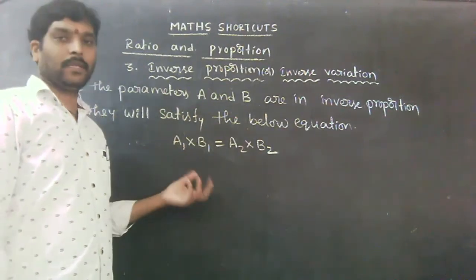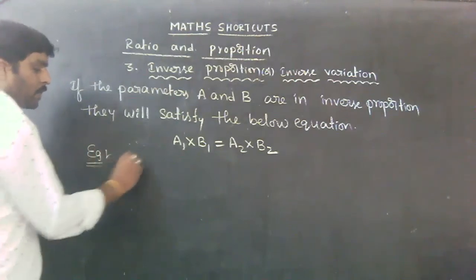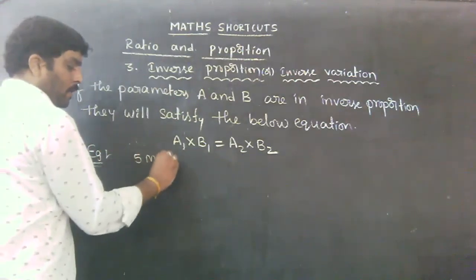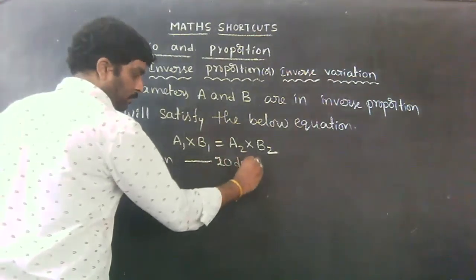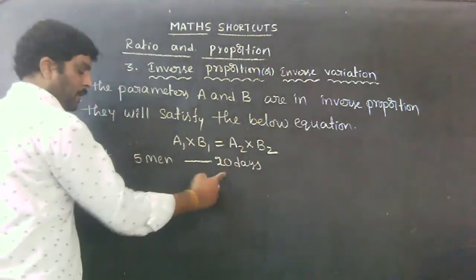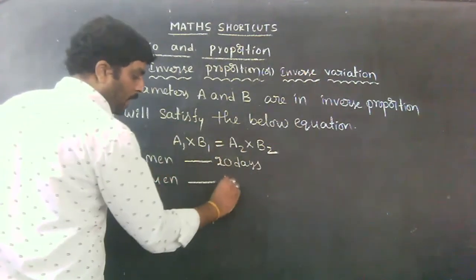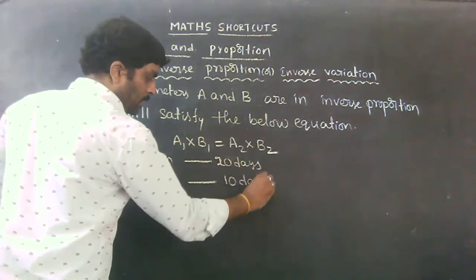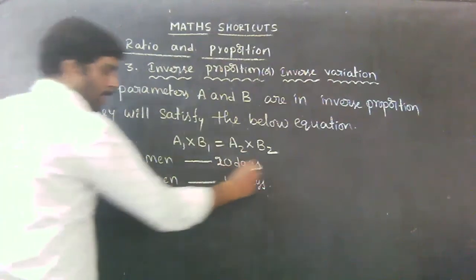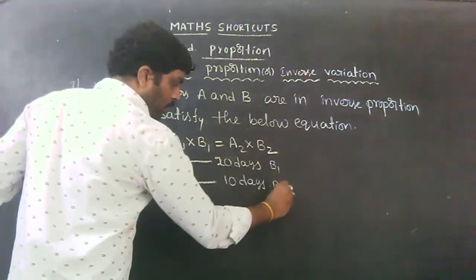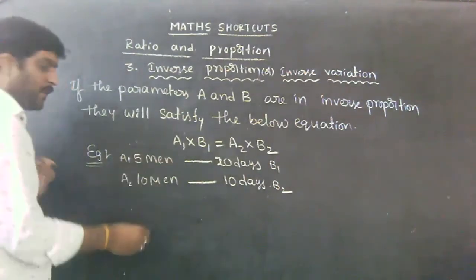Let us see an example. We have already given one example. Let us check it. 5 men completed the work in how many days? 20 days. This is A1, this is B1. 10 men completed the same work in how many days? 10 days. This is A2, B2. Just check their product, because they are in inverse variation.